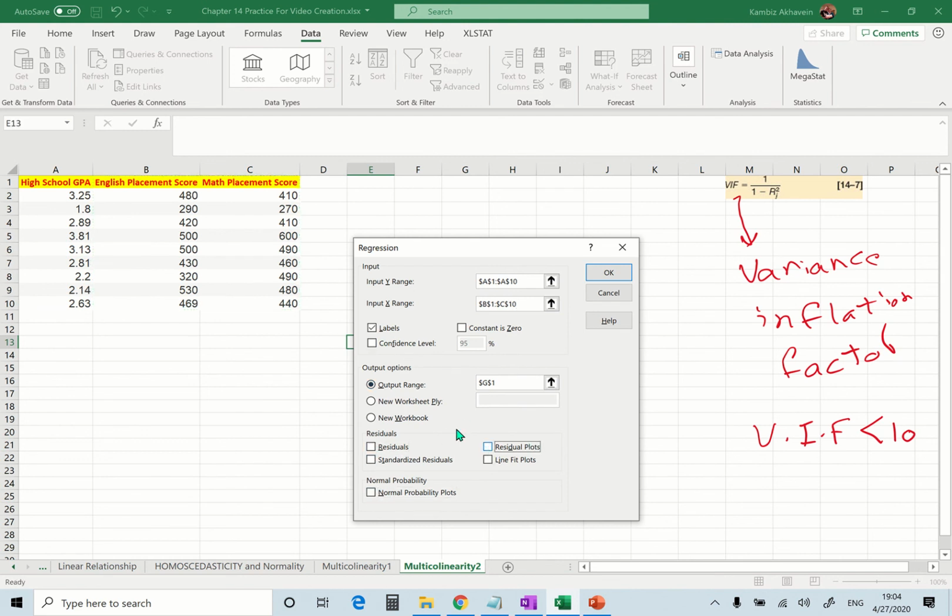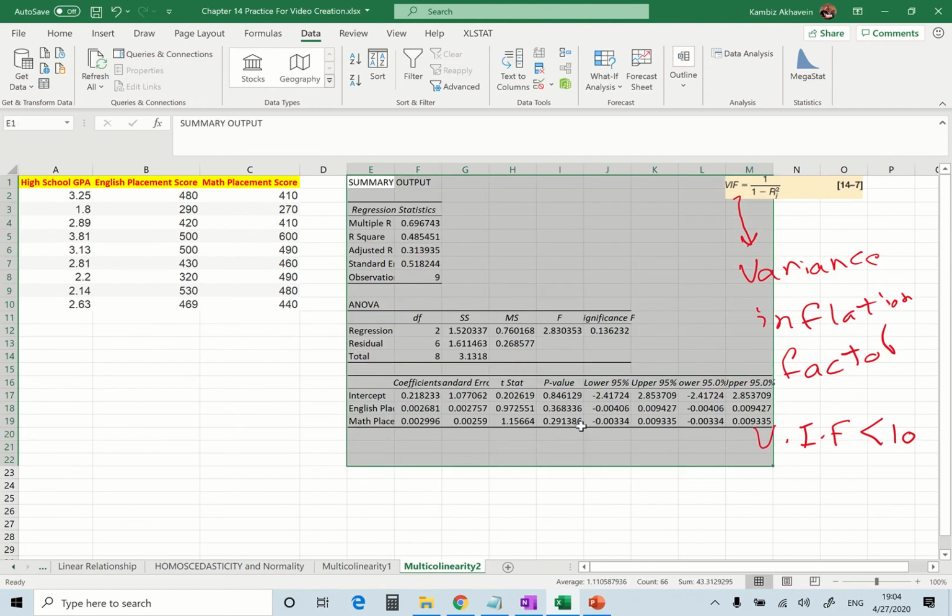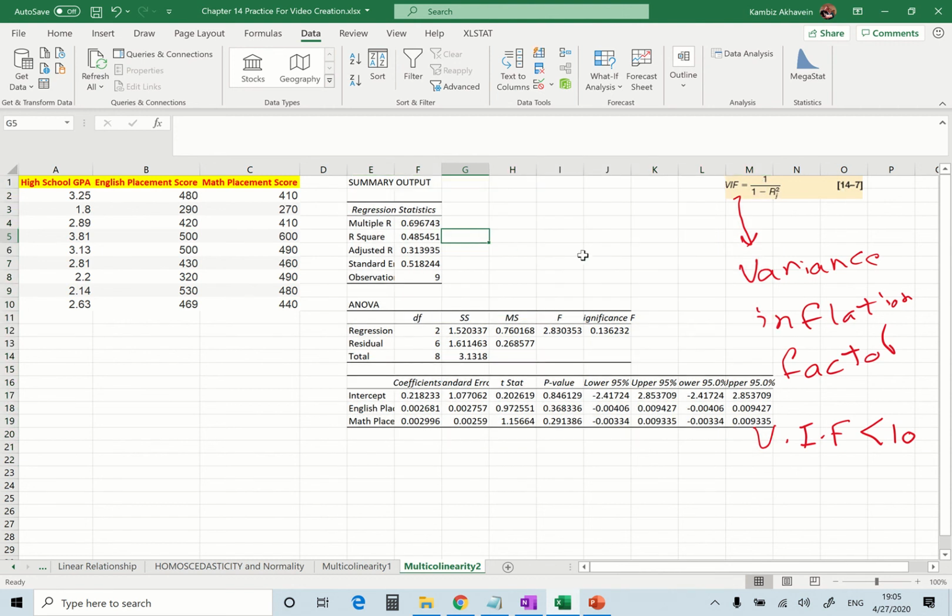Let's put the output in E1. Okay, and look at this, 1 over 1 minus R squared. So the VIF for high school GPA is equal to 1 over (1 minus R squared). That's the R squared. Is that more than 10? No, so this is okay.